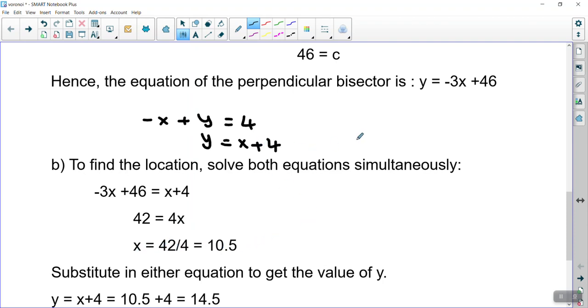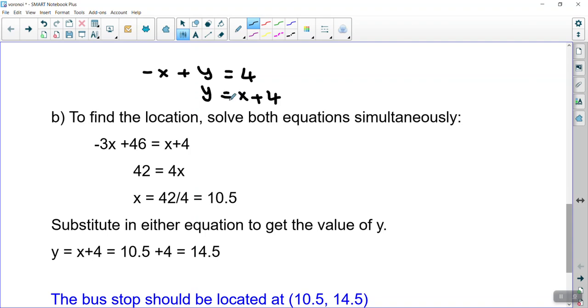Now use either of the equations to get the y value. I've used y equal to x plus 4 because it's considerably easier. Substituting x equal to 10.5, we get 10.5 plus 4, so y is 14.5.